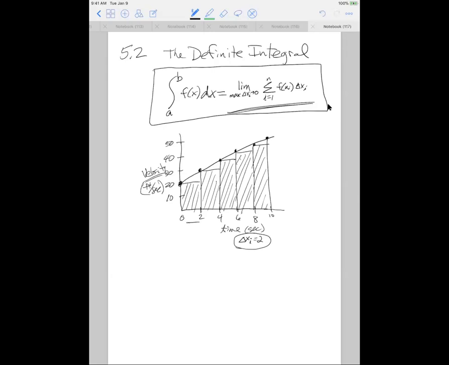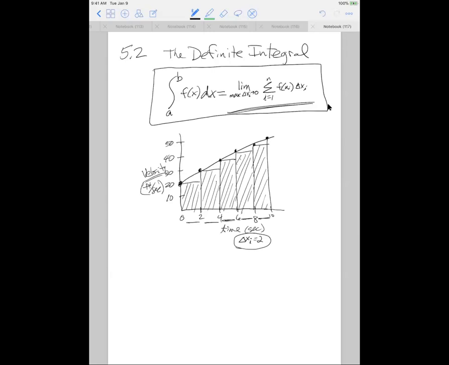The width of our rectangles is 2. So delta x sub i is 2 in our case. In Riemann sums, it can be any value. It doesn't have to stay constant. But in our situation, it's more clear just to picture it as always being 2.